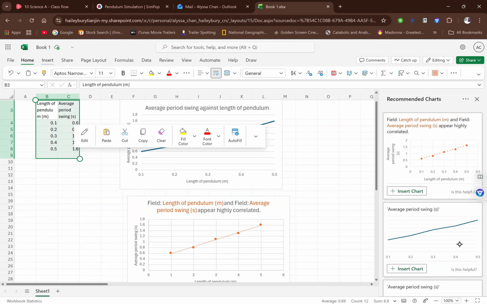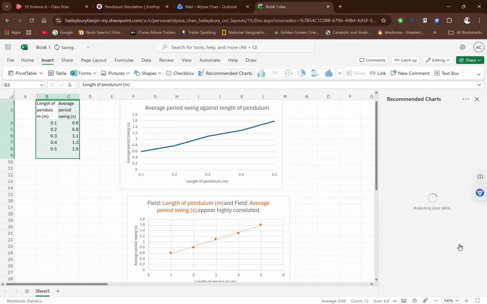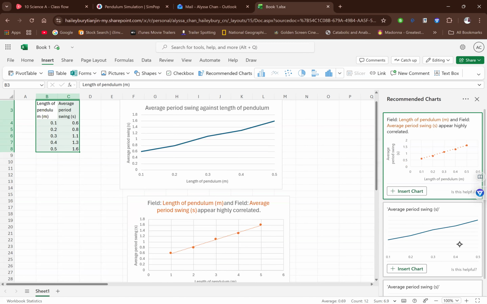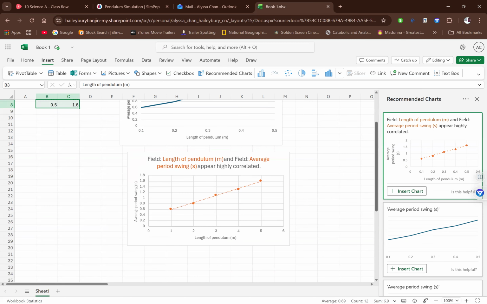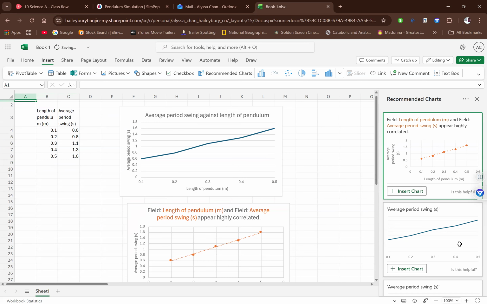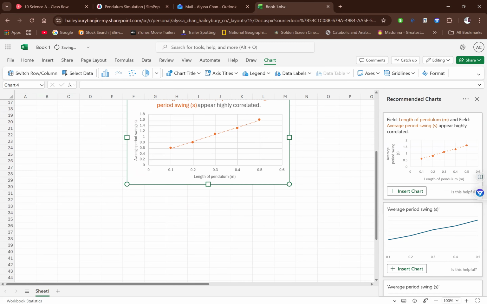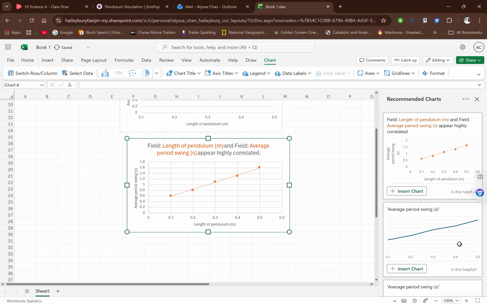Recommended chart, insert, recommended chart. All right, so you can actually see this. So you have to mention this is the correct one. So you need to double check whether it's correct. Sometimes the Excel sheet may not generate the right correlation because you see here, yeah, now it's correct. Can you see? So it will automatically auto adjust.